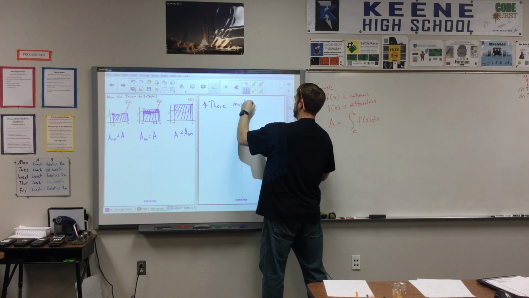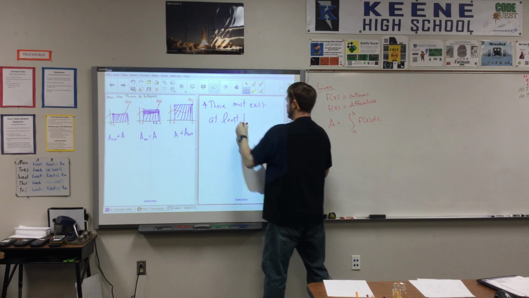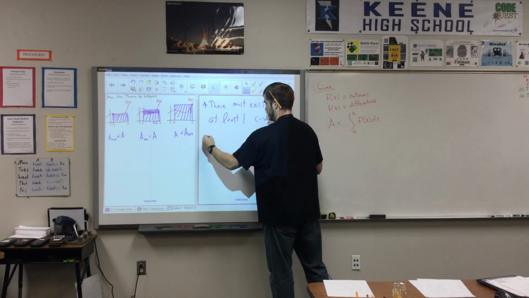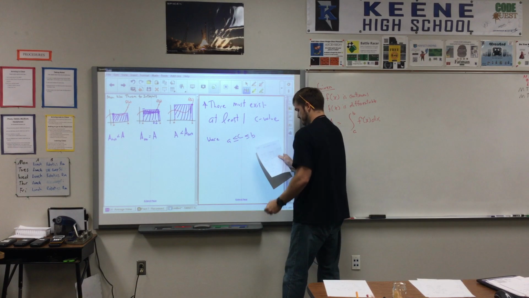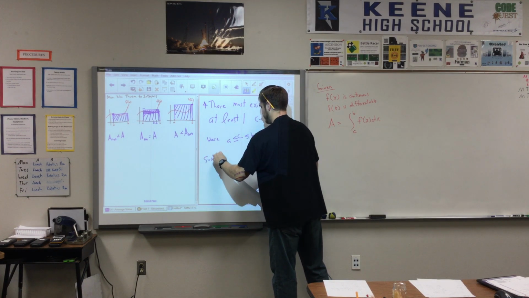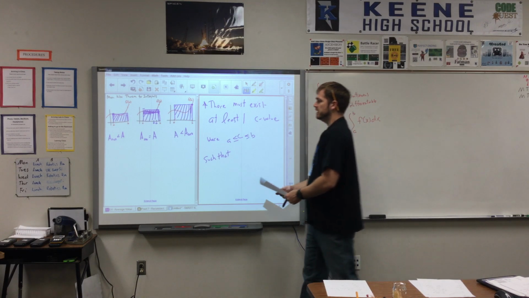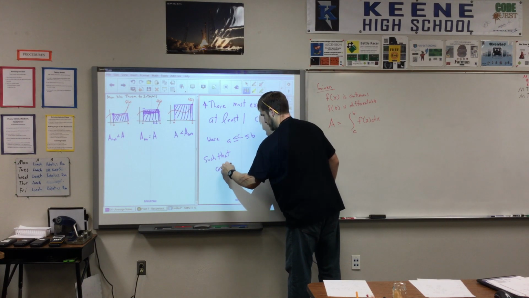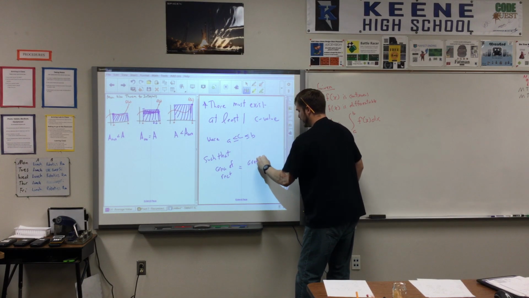There must exist at least one C value where C is between A and B, such that the area of the rectangle equals the area under f of x.